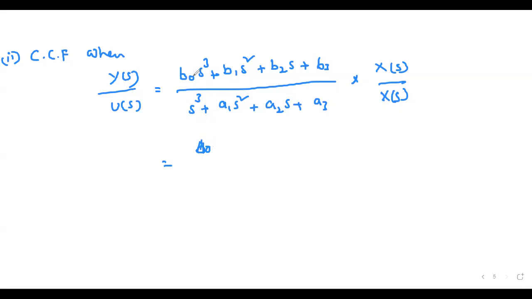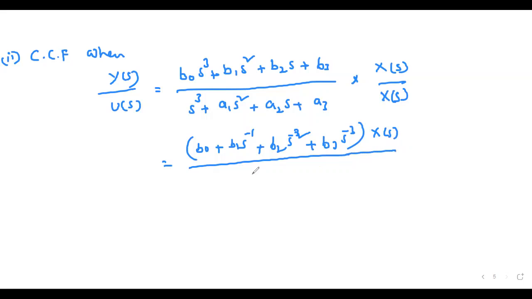Then this can be written as b naught plus b1 s power minus 1 plus b2 s power minus 2 plus b3 s power minus 3 into x of s, whole divided by 1 plus a1 s power minus 1 plus a2 s power minus 2 plus a3 s power minus 3 into x of s.